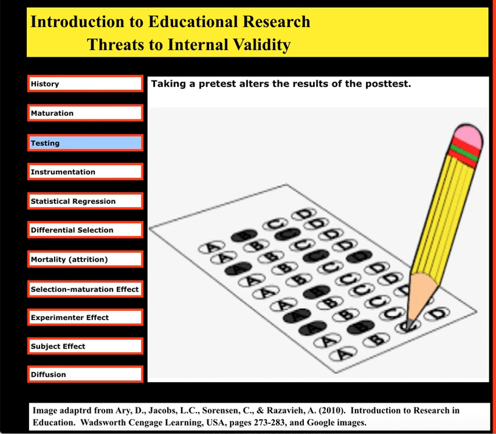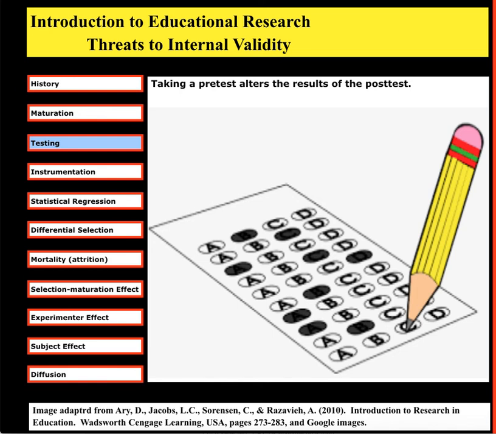One of the ways to deal with pretest and post-test effects is to use different forms. You wouldn't want to have the same form as a pretest and post-test unless the distance between them was quite large. If you gave a pretest at the beginning of the school year in September, and then at the end of the school year the following June you gave the same test as a post-test, I don't think the testing effect would interfere very much.